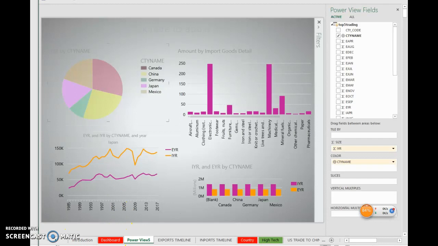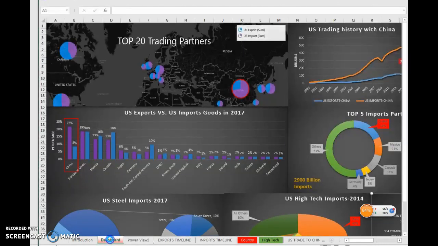Most importantly, for the next one, I will show you my dashboard for US trading histories as well as US trading with China. This is a 3D map I created for 2017. It tells us the top 20 trading partners in the world with US. From this chart, we can tell the differences between exports and imports. The purple represents US imports and the blue represents US exports.